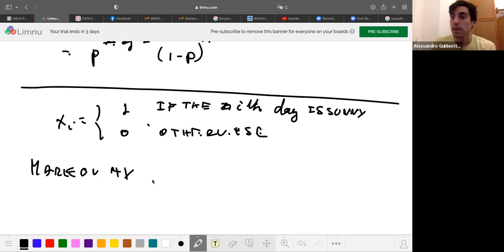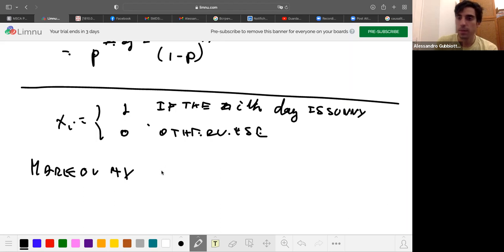I mean, whether tomorrow will be sunny depends only on whether today is sunny or not. It does not depend on the event that 3 days ago was sunny or not.